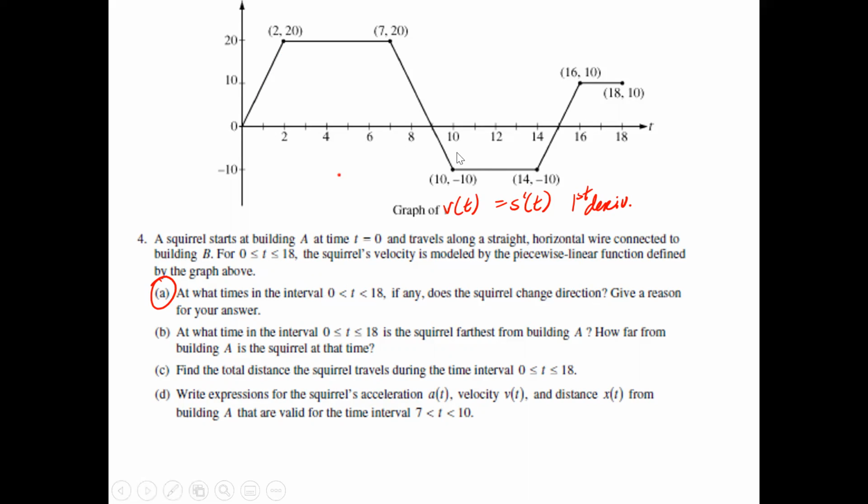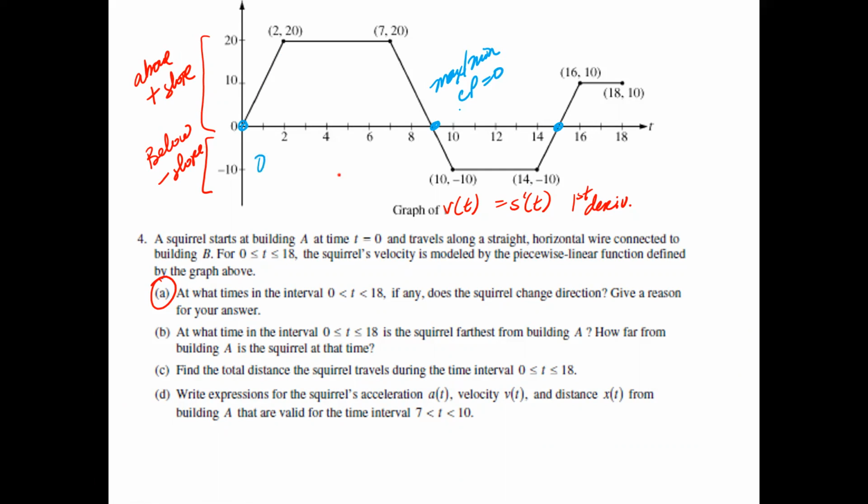Given that this comes from the derivative, remember everything above the x-axis is a positive slope and anything below the x-axis is a negative slope. When y is at 0, this is where your max and min are, because the critical point is at 0. These are your critical points: 0, 9, 15.